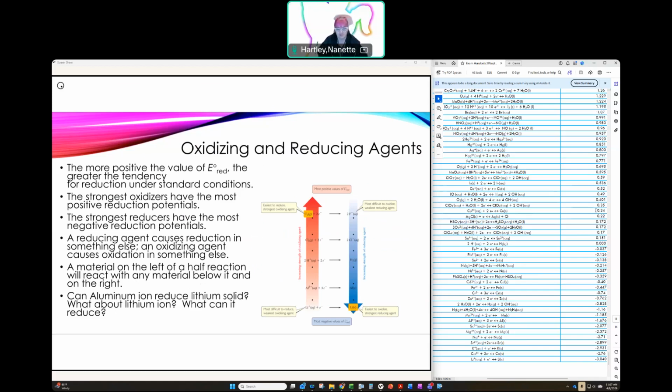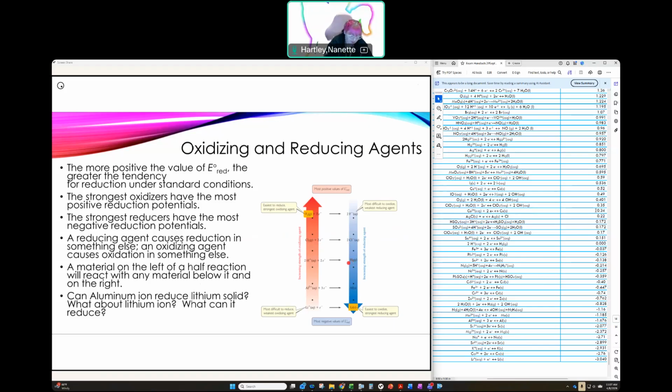So what does that mean? Well, if I'm looking at these things that are here, I can see that Cl2 plus 2 electrons goes to 2 Cl minus, right? And it says that anything that's on the left above something can react with the thing that's on the right below.